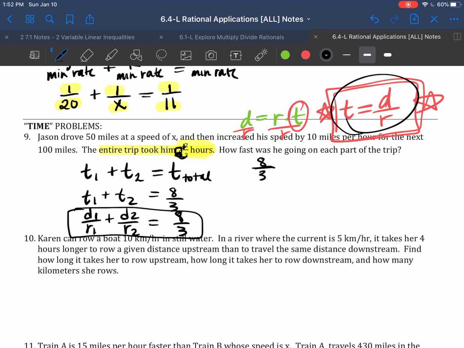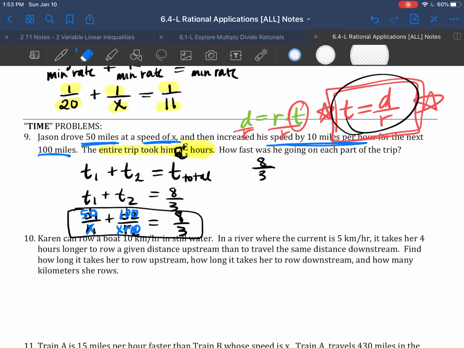And so going back to our word problem, it says Jason drove 50 miles, that's D1, at speed X. That's the rate one. Then increased his speed by 10 miles per hour. Increased, that means add. So he increased that speed of X by 10. So that's our R2. For the next 100 miles, that's our D2. All right.